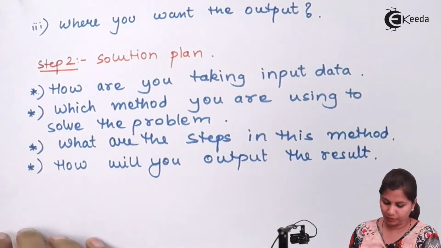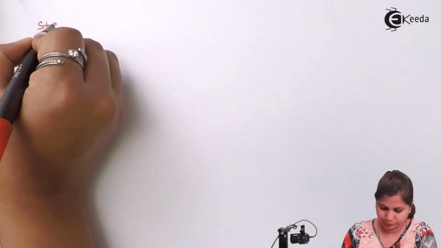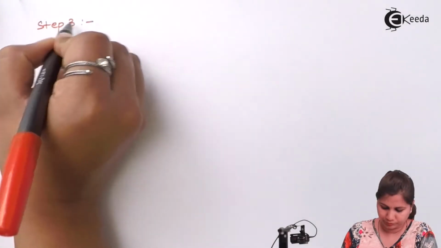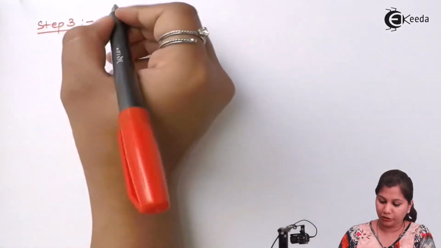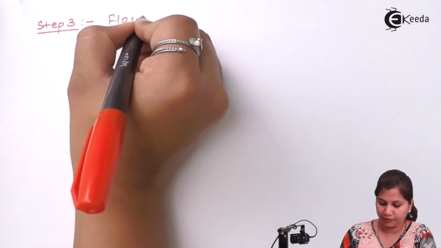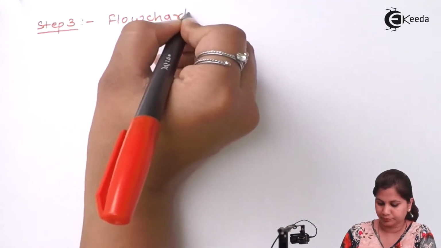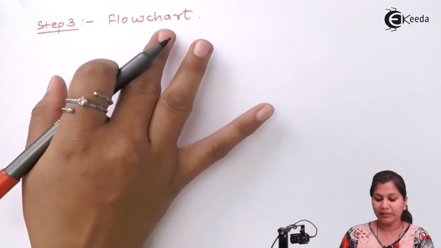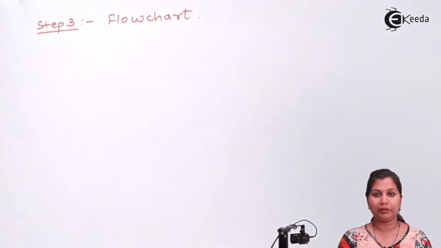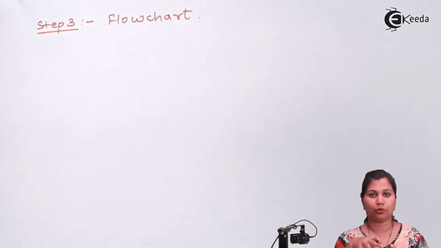Okay. Now comes step number 3. In step number 3, you have to draw the flowchart. Flowchart means that you have known in step number 2 that in this way I will solve my problem.